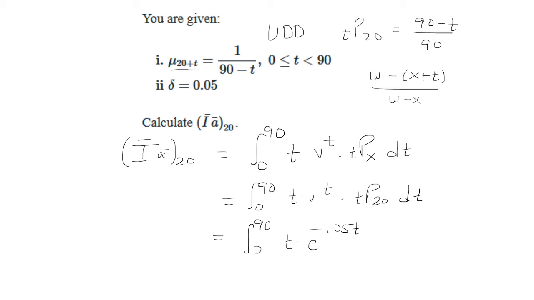Here the 90 is w minus x because that's how much the person age 20 can live up to. So this is 90, this is 90, so we're left with 90 minus t over 90. So that's what we plug in over here.